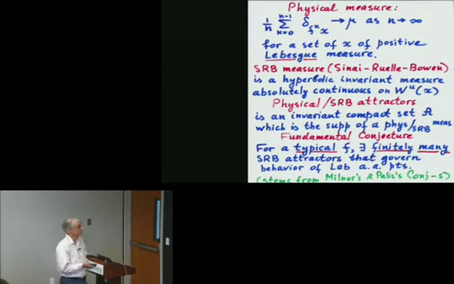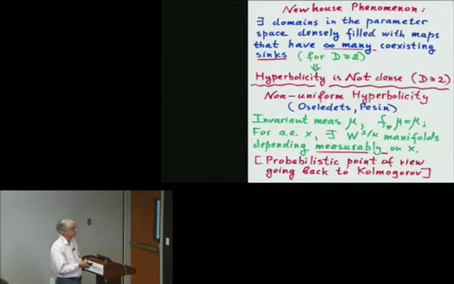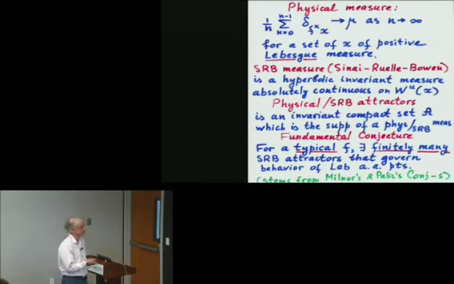There is a very important particular case of the physical measure, that is SRB measures, for Sinai, Ruelle and Bowen. This measure is hyperbolic in the sense that I defined before, so there is a measurable family of stable and unstable manifolds. But also there is this very important absolute continuity property: if you disintegrate this measure, conditioning it to the unstable manifolds, then it will be absolutely continuous with respect to the Lebesgue measure on the unstable manifolds.